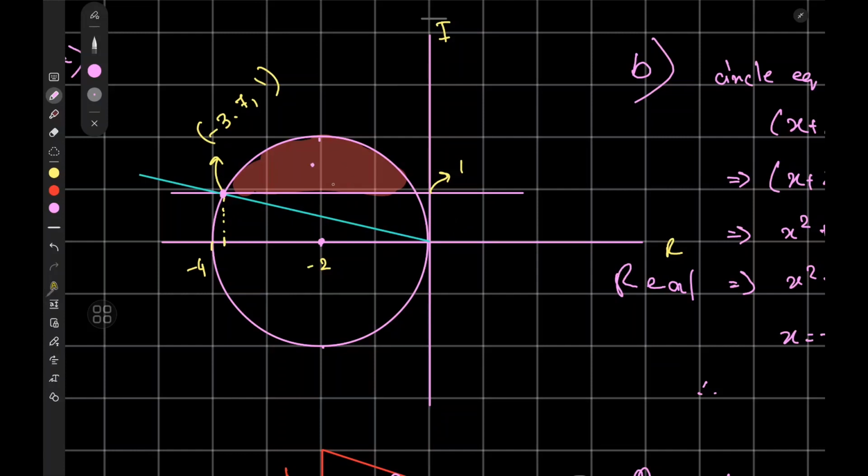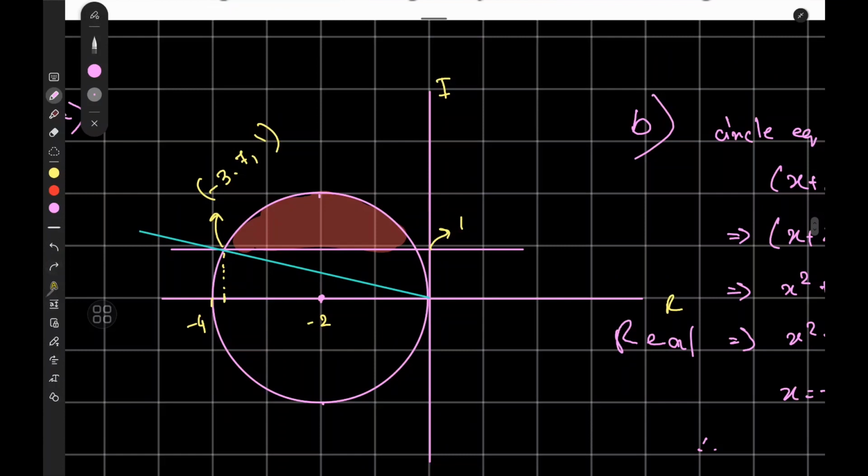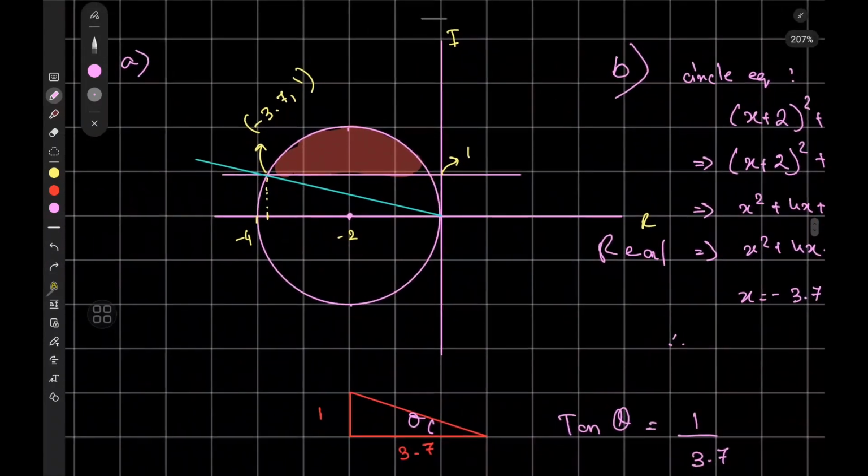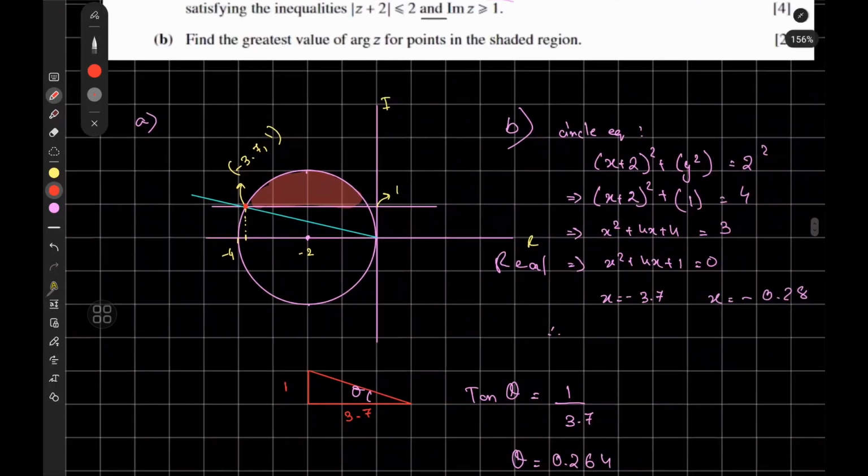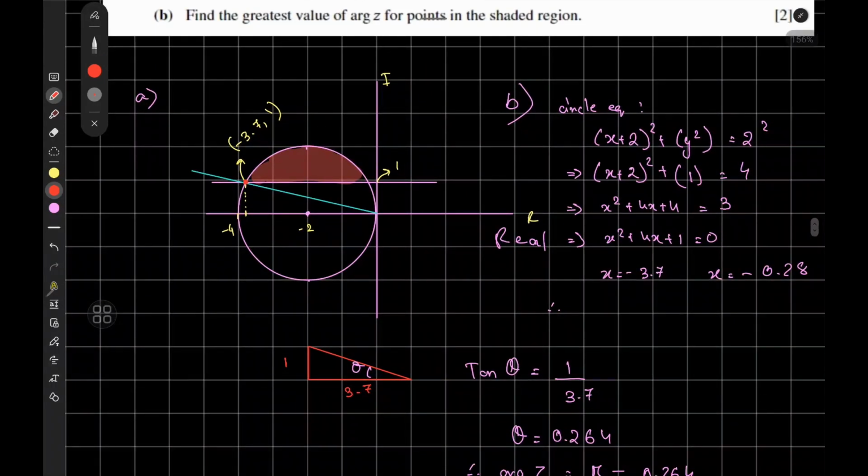If you take any other point, be it here or here, the theta is going to be less than this green line. So we now know that z has to lie at this point to get the greatest argument, meaning the greatest theta.